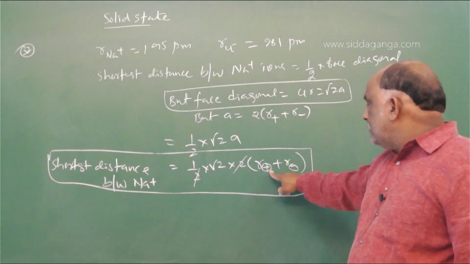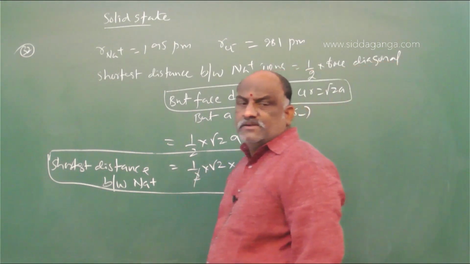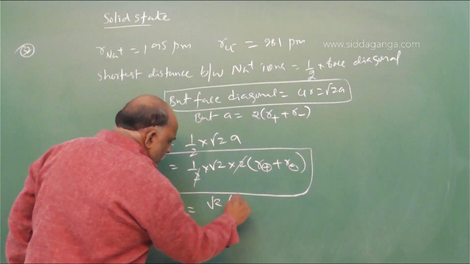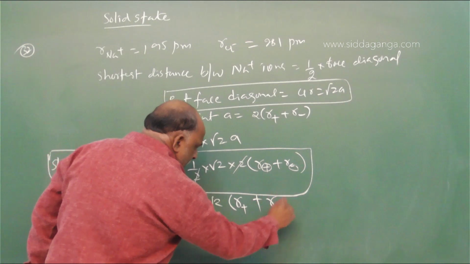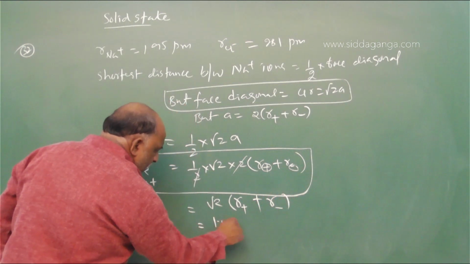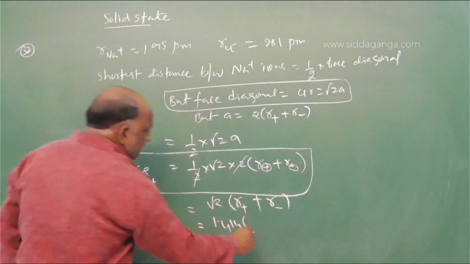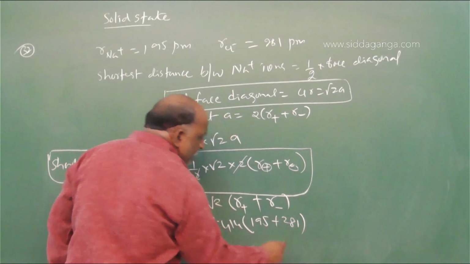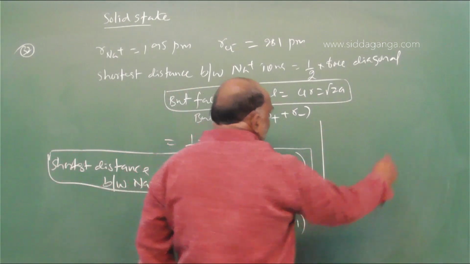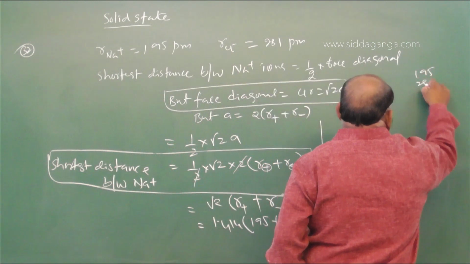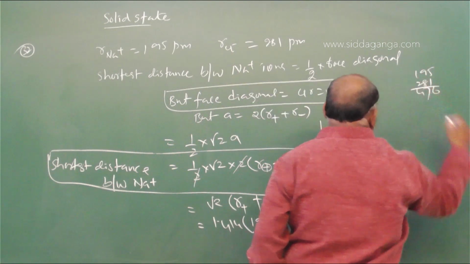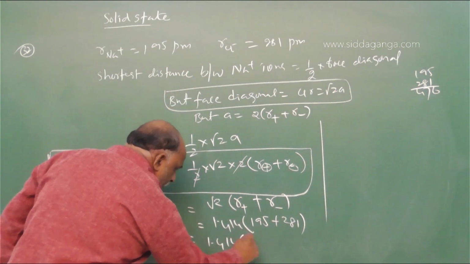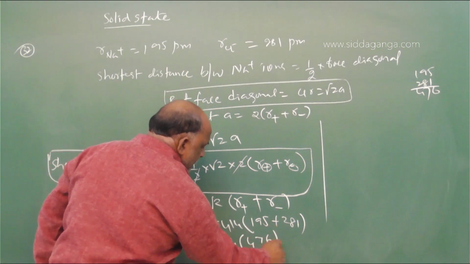Root 2 into (r plus plus r minus). Root 2 is 1.414. R plus is given 195, r minus is given 281. What will we get? 195 plus 281 is 476. So that is equal to 1.414 into 476 picometers.